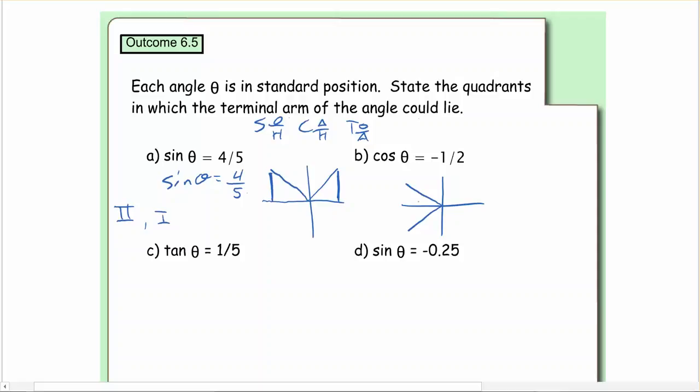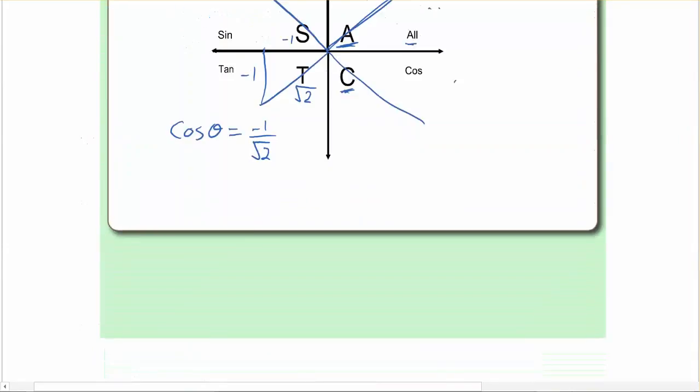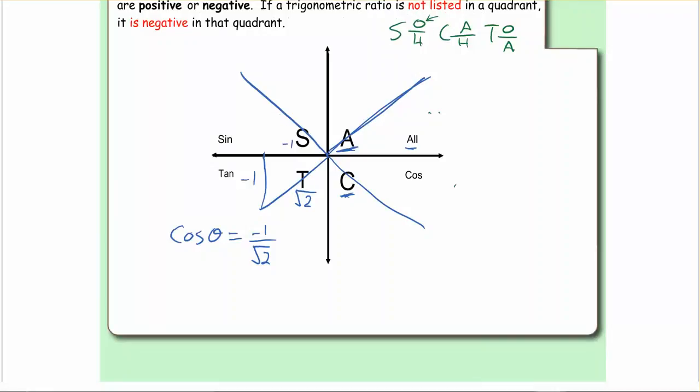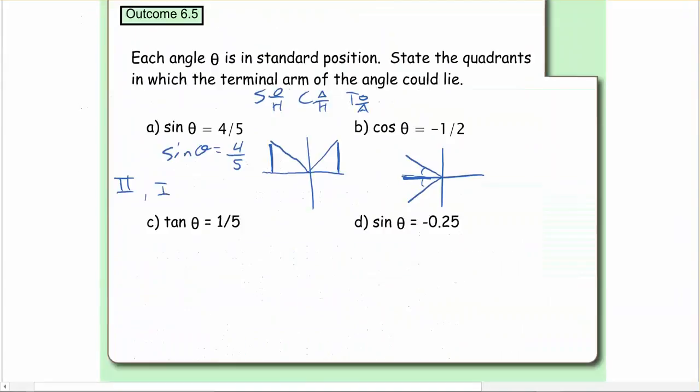The x value, my adjacent side, is on the negative part of the x-axis. So it would be there and there. You could also look up at your little chart and say, cosine is positive in this one and positive in this one. So that means it's negative over here and negative over here. So in 2 and 3.